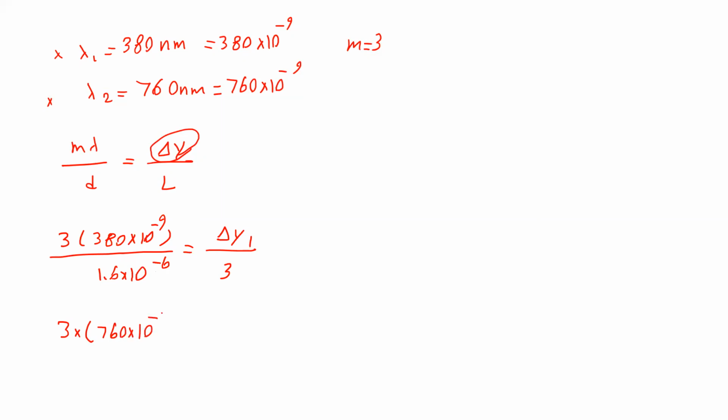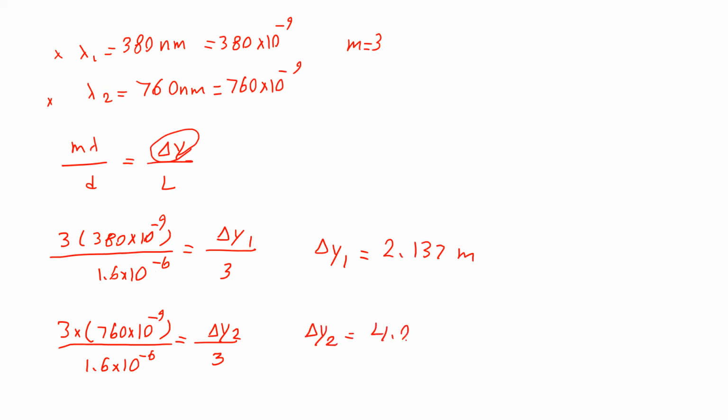I calculate my delta y1, which is equal to 2.137 meter. My delta y2 is equal to 4.275 meter. The question asks for the distance between these two, delta y2 minus delta y1, so it is equal to 2.137 meter. Thank you for watching.